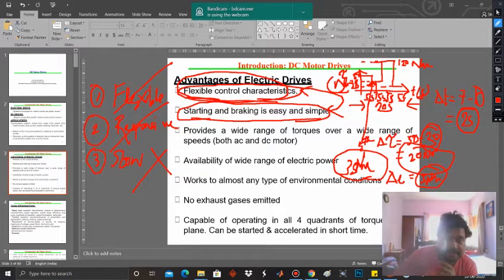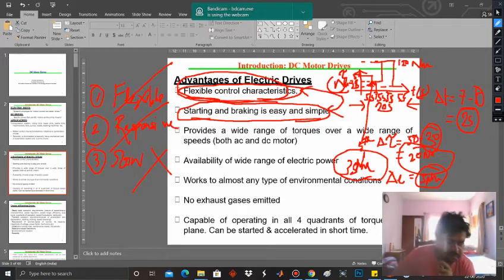So you need a flexible control characteristics. Only then the starting and braking should be easy and simple. So they are very much correlated with each other. Now these things are inherent properties of the motor you choose, the ratings of the motor you choose.